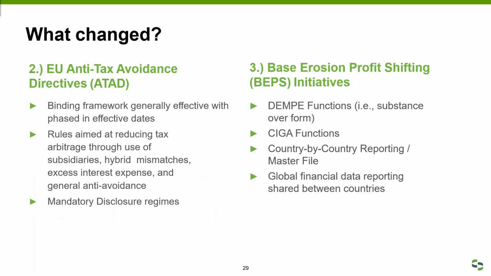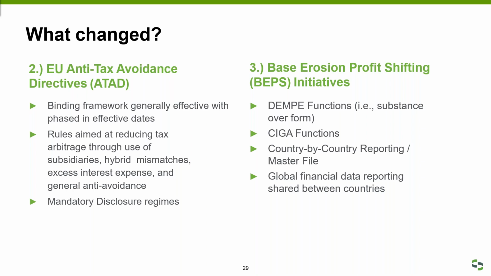So what's changed in the EU? As I mentioned, they have new anti-tax avoidance directives that we have to navigate, and of course the base erosion and profit shifting. The idea of just shifting profits and placing them because you've deemed it to be the IP is, for example, in the Caymans.